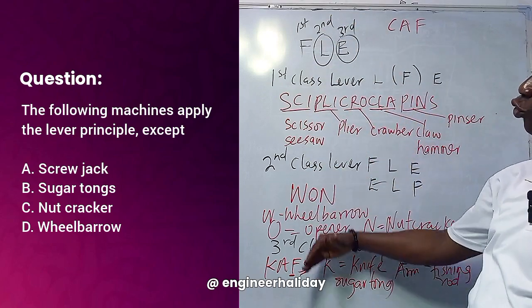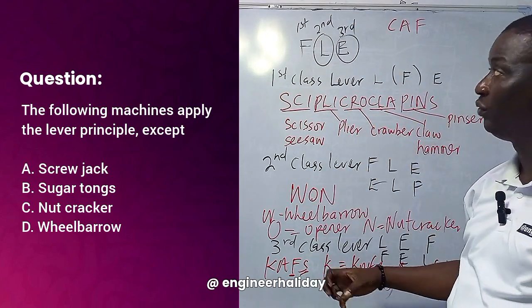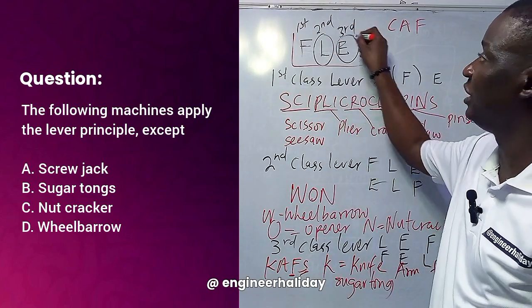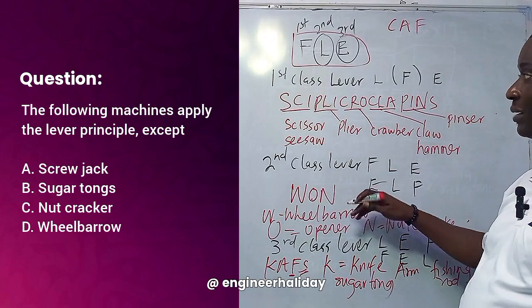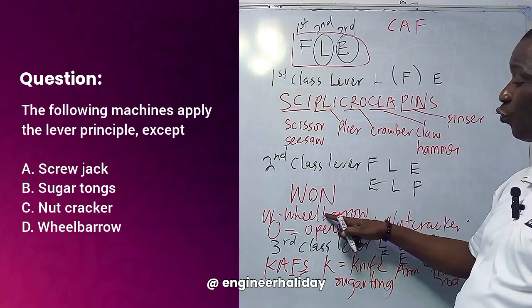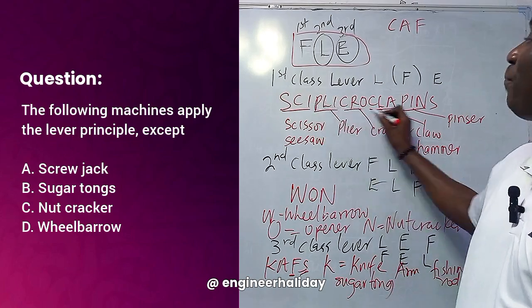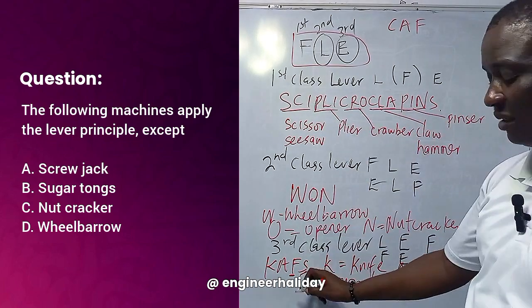This can help you to remember the examples. The first shortcut will help you to remember the definition, while this one will help you to remember examples of first class, second class. So skimply clappings, one cast.